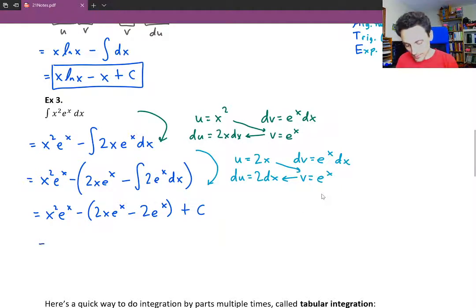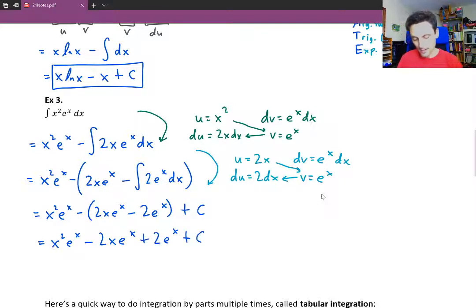Now there's one last step that we're going to take, which is to distribute that negative. That's going to flip the sign in front of that last integral that we evaluated. So the negative that was in front of the first integral will distribute to the negative in front of the next integral, and so the next integral is actually going to have a positive sign in front of it.